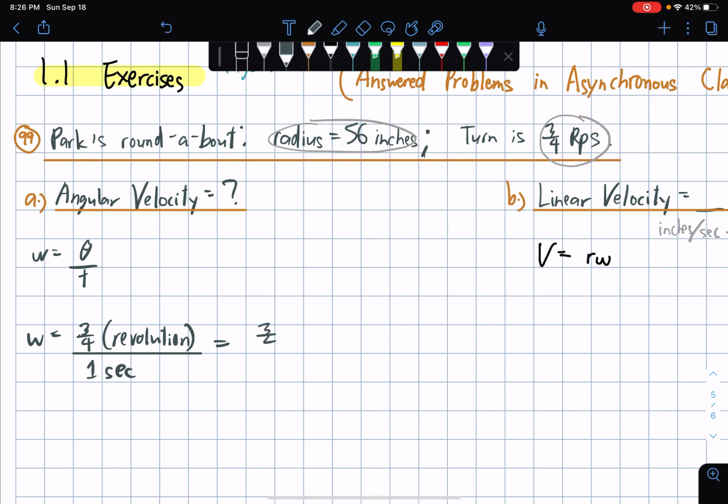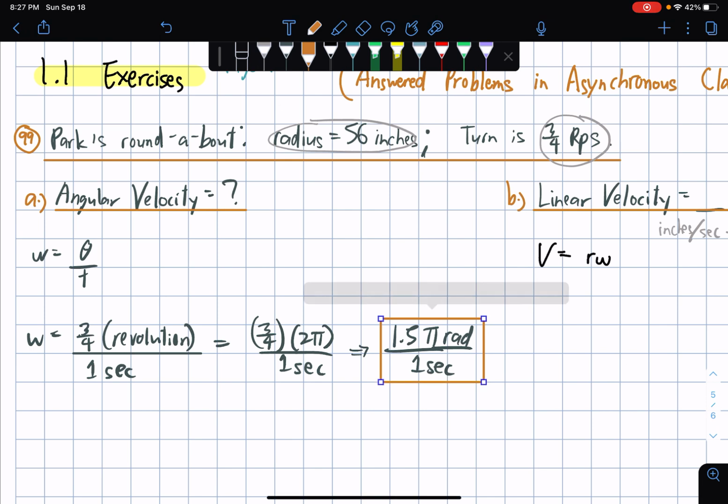So 3/4 times 2 pi over 1 sec. We get 6/4, 3/2, or in other words 1.5 pi rad over 1 second. This is the angular velocity. I'm so glad I remember that we're supposed to put rad beside theta in the numerator of the angular velocity fraction.